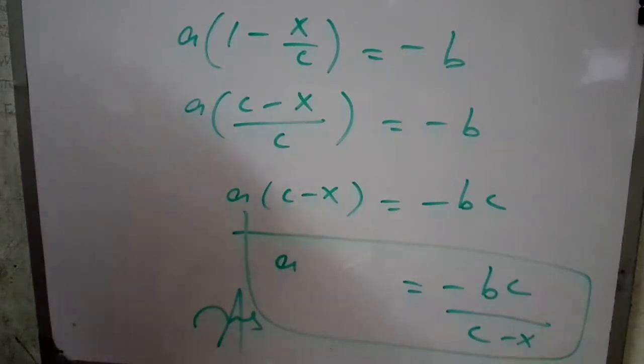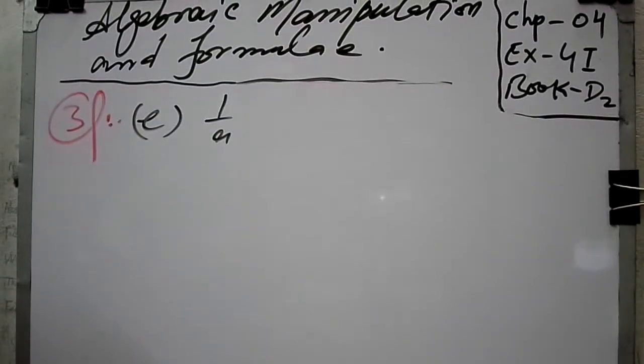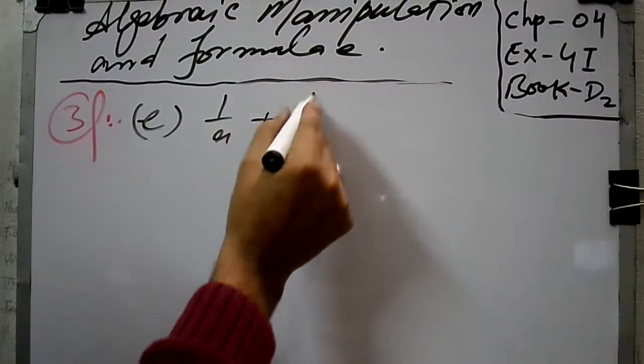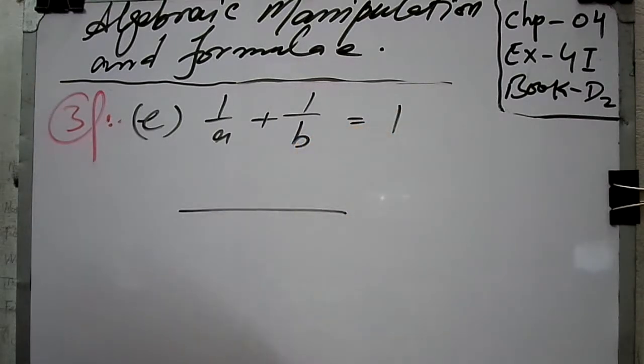Coming to the E part, that is 1 by A, you can see here, plus 1 by B is equal to 1. So taking LCM, what should you do?